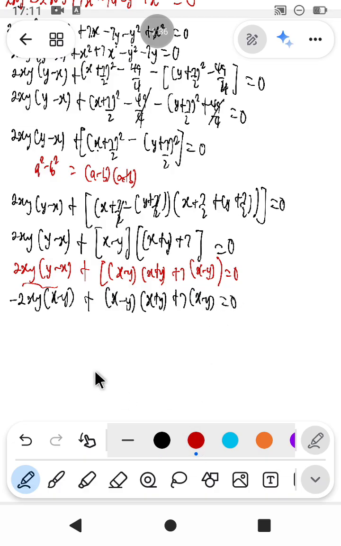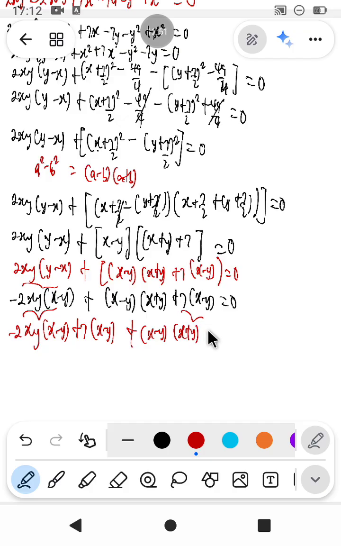So we can group and then factorize. These and these can come together. We have negative 2xy into (x minus y) plus 7 into (x minus y), then plus (x minus y) into (x plus y), equal to 0. So the negative 1 is coming here. We have (x minus y) into brackets, minus 2xy plus 7, meaning 7 minus 2xy, then plus (x minus y) into (x plus y).